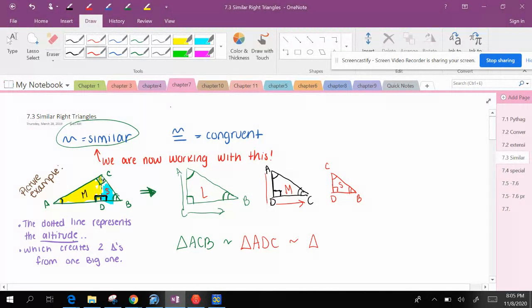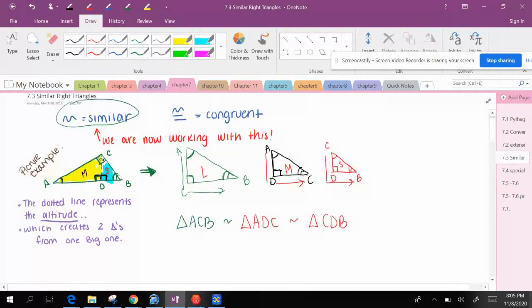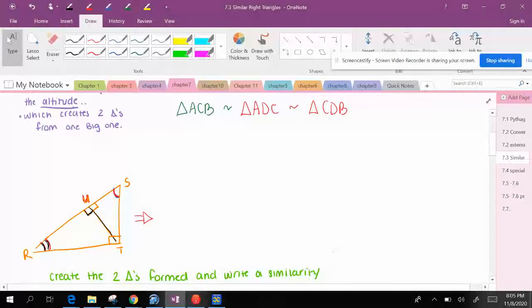It should be in black. Triangle CDB. So all we did was pick apart this right triangle. The large one, we picked it apart to have three triangles all laid out very similarly to each other. I think that's a word. Not sure. That's why I teach math.